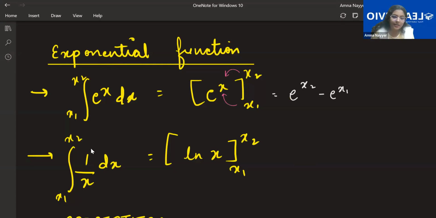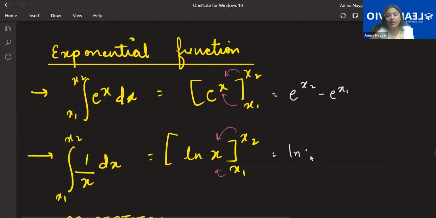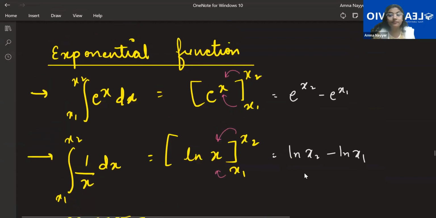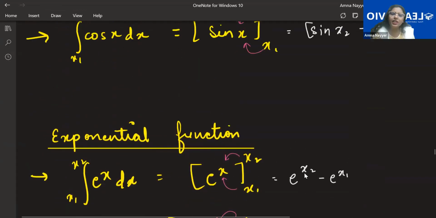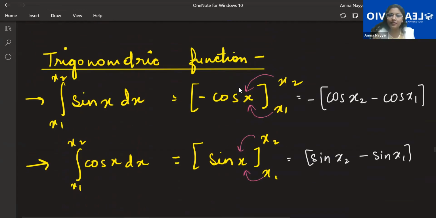If 1 by x is given, you will write it as log. This will be reversed. Again, the same thing. Here, one more step will be there than differentiation, which is substitution of the limits: ln x2 minus ln x1. Just relate it with differentiation, you'll find it easier. Please write it, Safa.